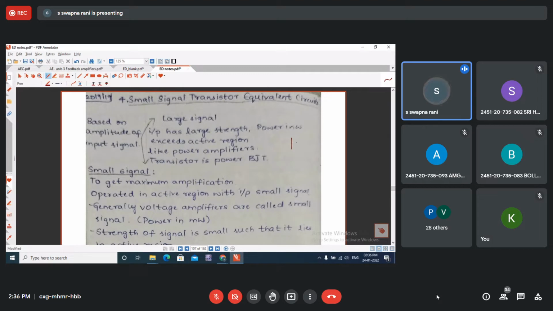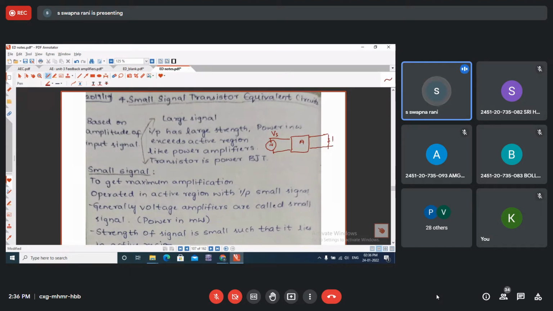Once the transistor is properly biased, as soon as we give some AC input signal, it will increase the strength of the signal; the signal is said to be amplified.